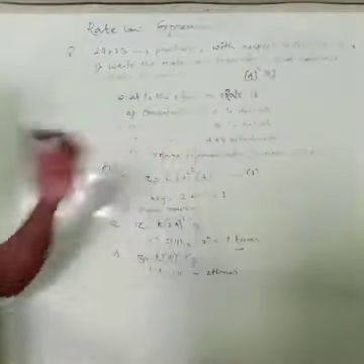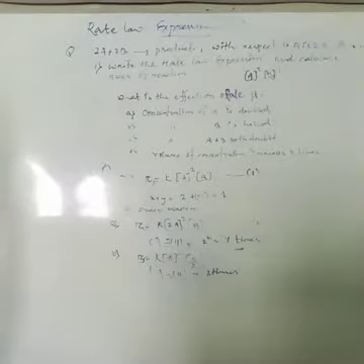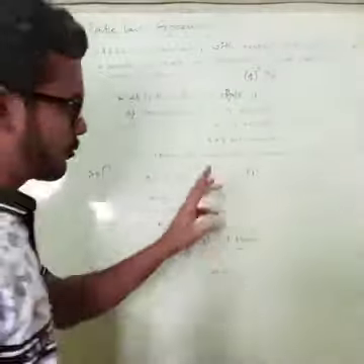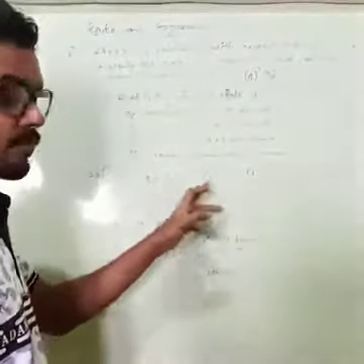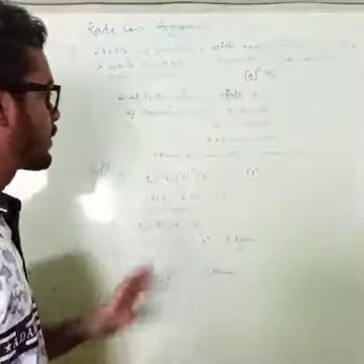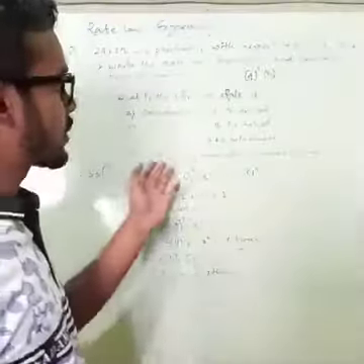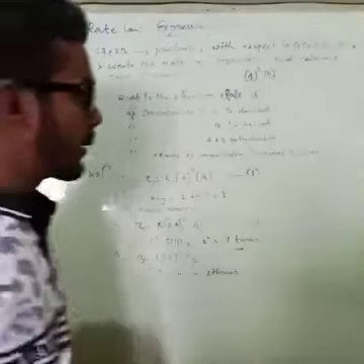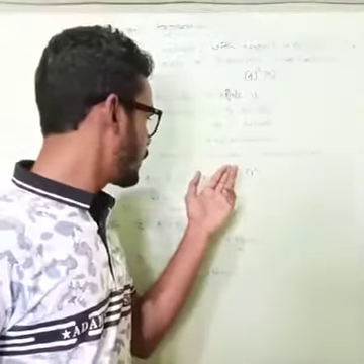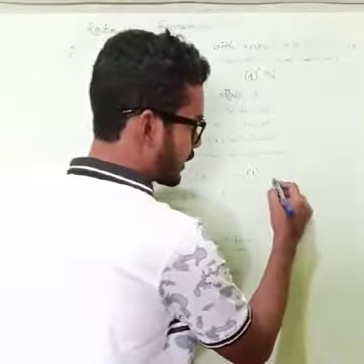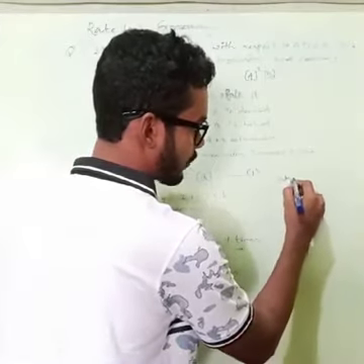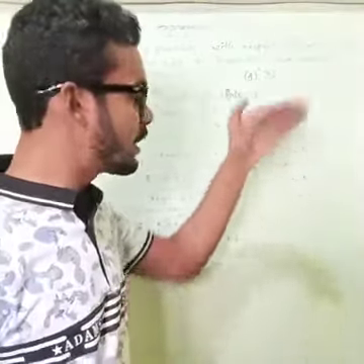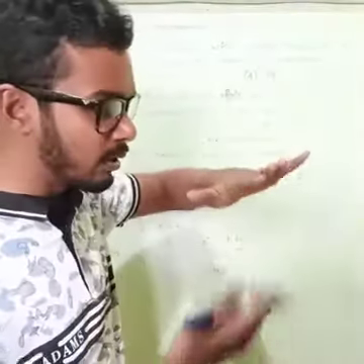Likewise, you can do questions C and D. If both are doubled, you have to double both. Again for D, I'll give some hints. What is the relation between concentration and volume? If you dilute it, the volume increases. You are adding water, the volume increases.